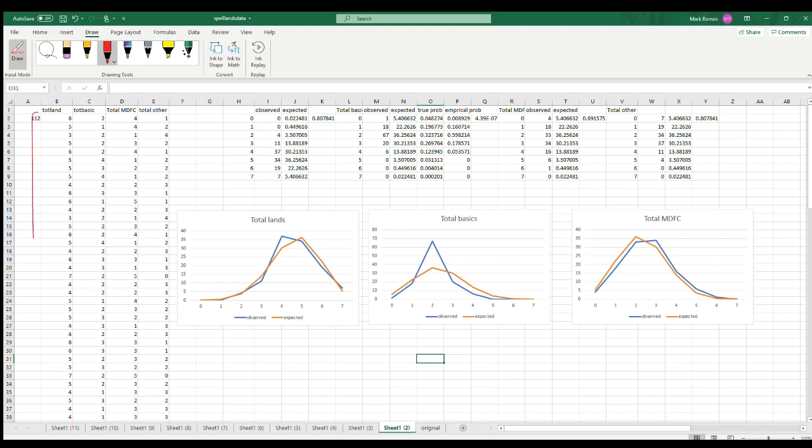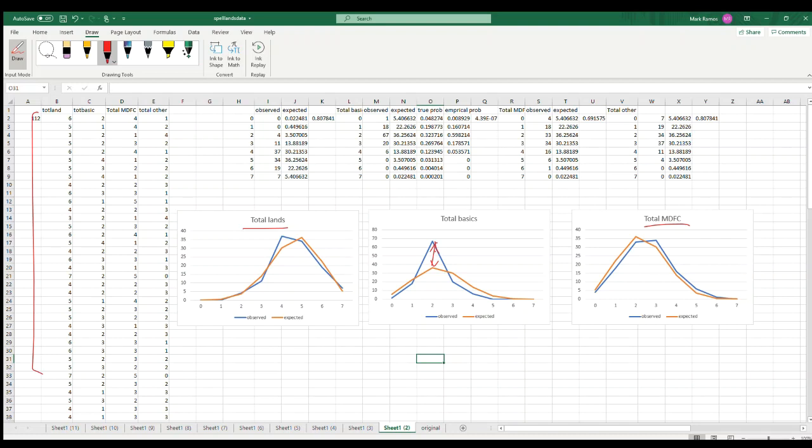And as you can see, we are able to replicate the bump that we saw from the real data, and at the same time, we are able to preserve what's happening to both the total lands and the total MDFCs, which is that those two should not differ from what we expect. And as you can see here, that is the case for this simulated data.